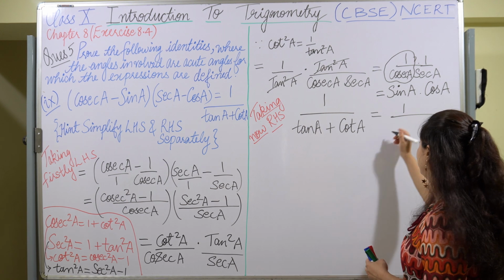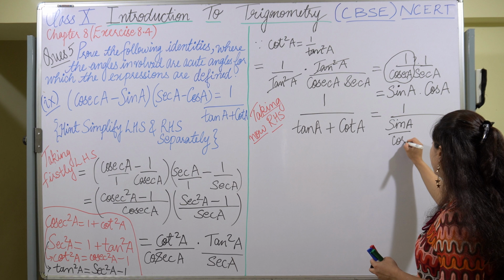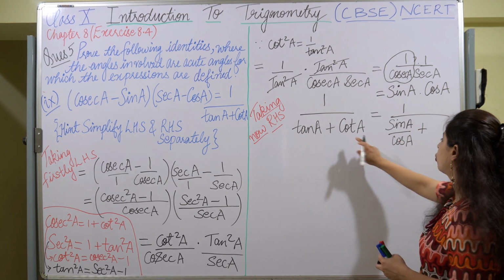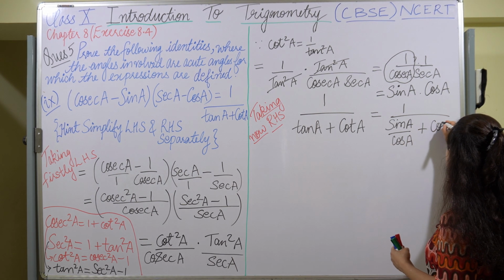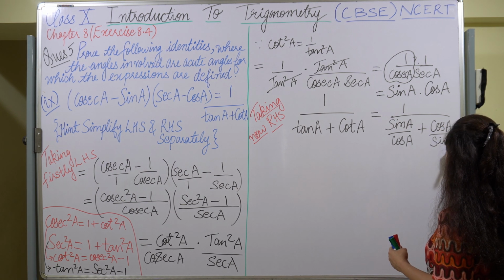So tan can be replaced by sin A upon cos A, and cot can be replaced by cos A upon sin A.